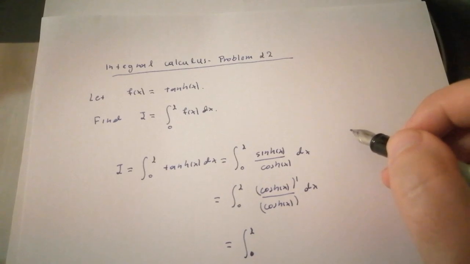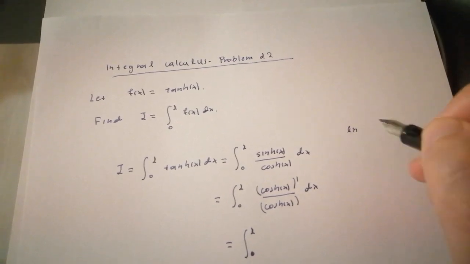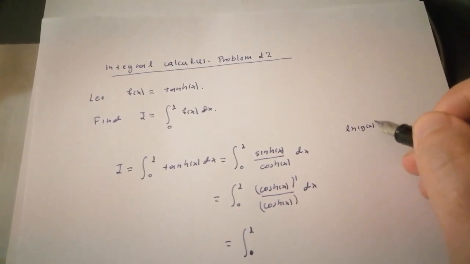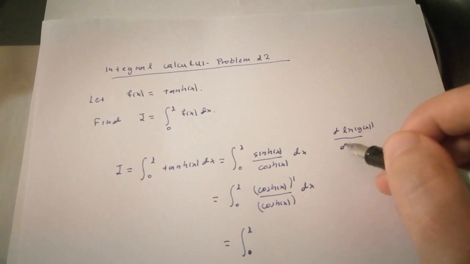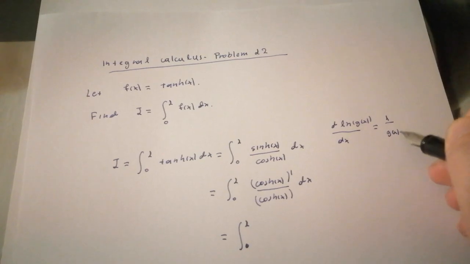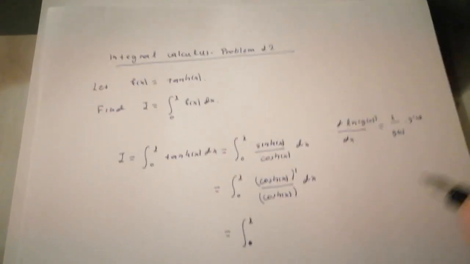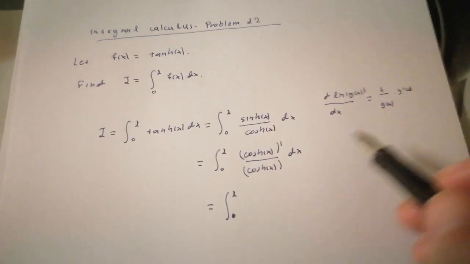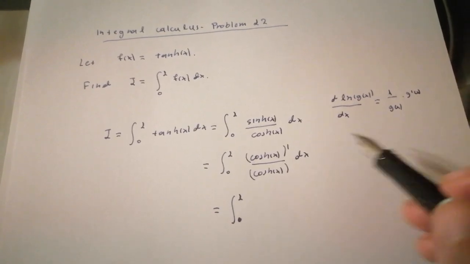Now let's have a look at this function. We have ln of g of x, okay? And we take the derivative with respect to x. So we have 1 over g of x times g prime of x. So if you have a close look there, we have a similar thing.